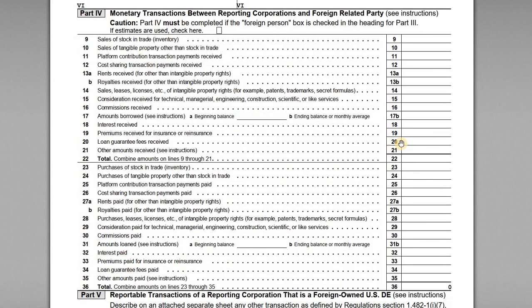Now, Part 4 is blank, and it's blank under these circumstances, but you could have entries here depending on whether you're engaged in U.S. trade or business, and you actually have some income or expenses that are going into computing your taxable income in the U.S. Part 4 is used if you have transactions going between that LLC and the foreign related party, and they're used in computing your taxable income for U.S. income tax purposes.